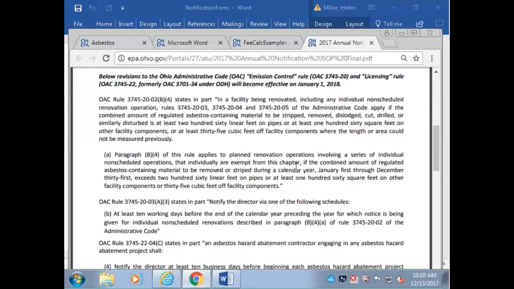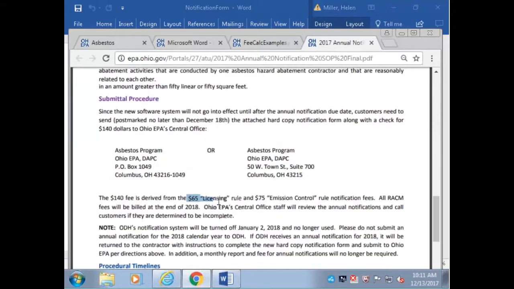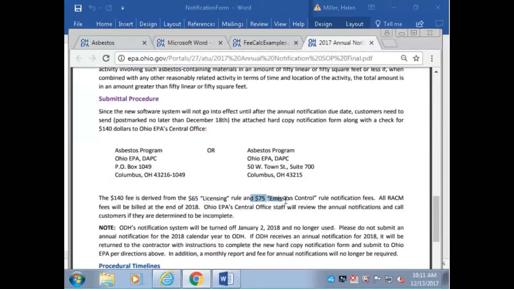Basically, the annual notifications will be handled slightly differently in that the RACM will not be charged up front. You will just have to submit the completed notification marked annual along with $140. That'll be $65 for the licensing rule fee and $75 for the emission control fee.